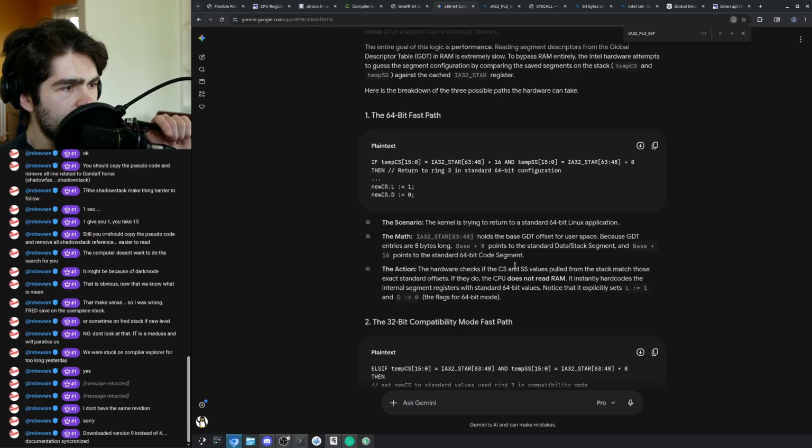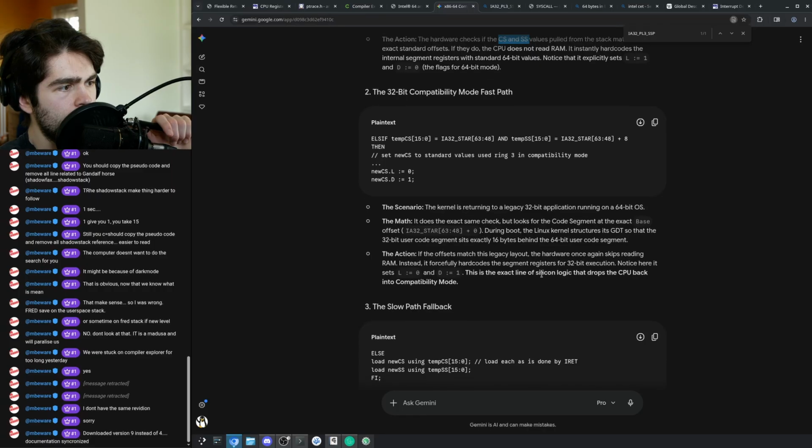Action: the hardware checks if the CS and SS values pulled from the stack match those exact standard offsets. If they do, the CPU does not read RAM. It instantly hard-codes the internal segment register with the standard 64-bit value. So I guess what it says is, if you don't have fancy values here, it will just set it as it should. So it's a check for fancy.